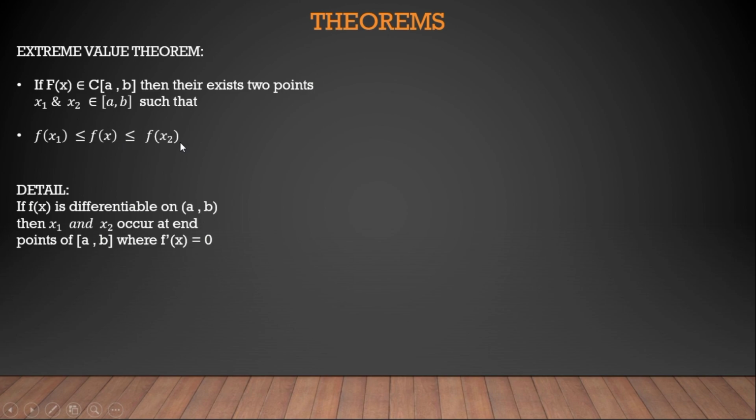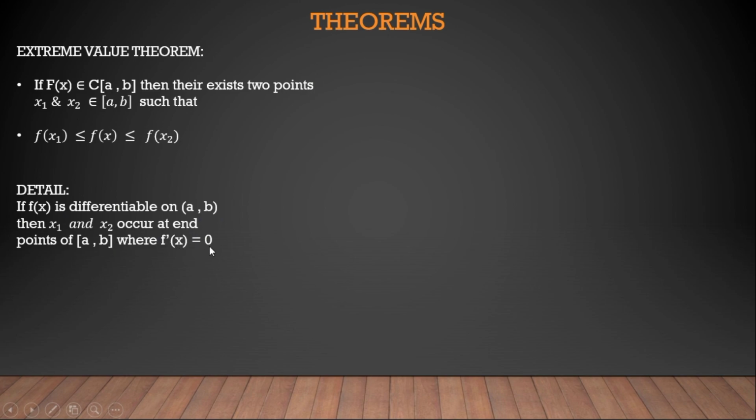So basically what this means is that if f of x is differentiable on a comma b, then x1 and x2 occur at endpoints of the interval a comma b, or where f prime of x is equal to 0.